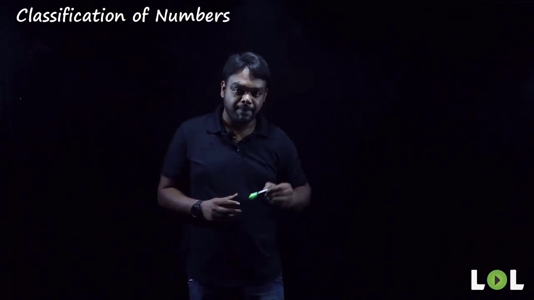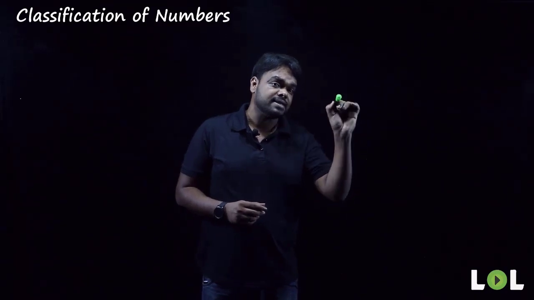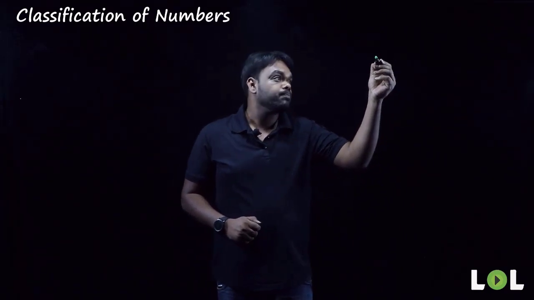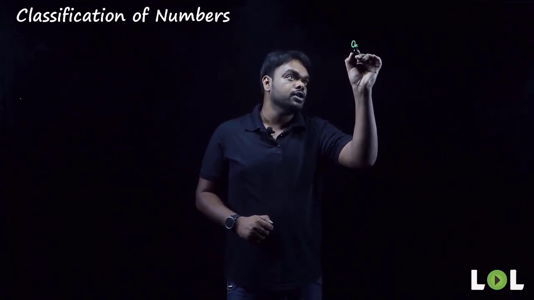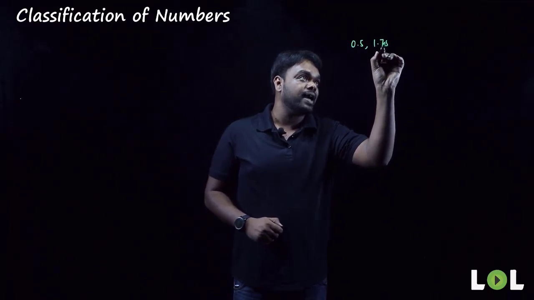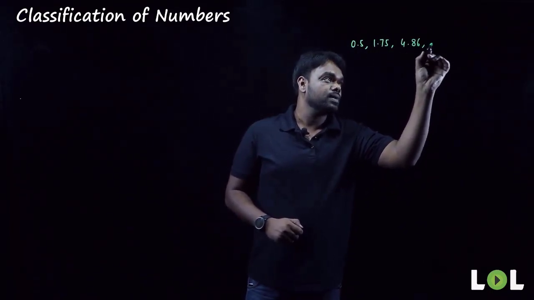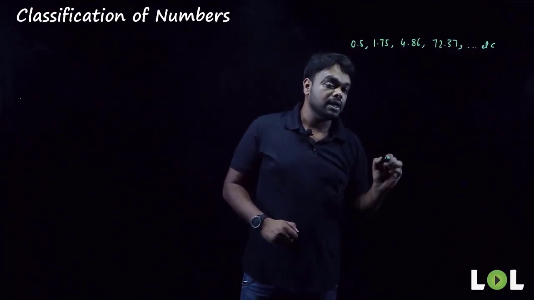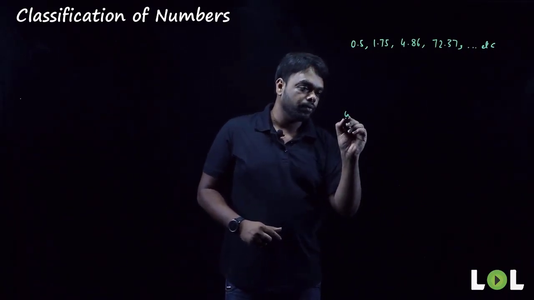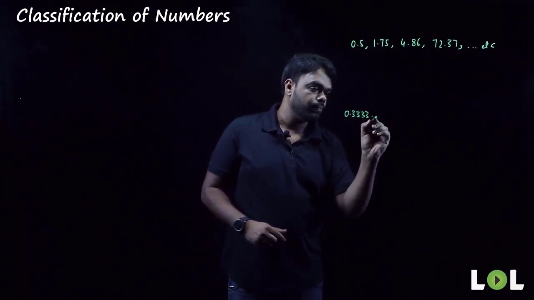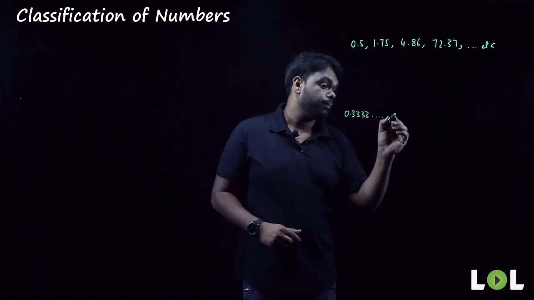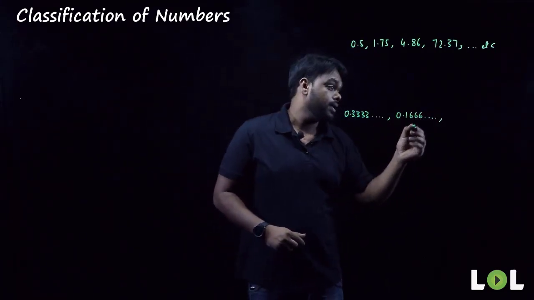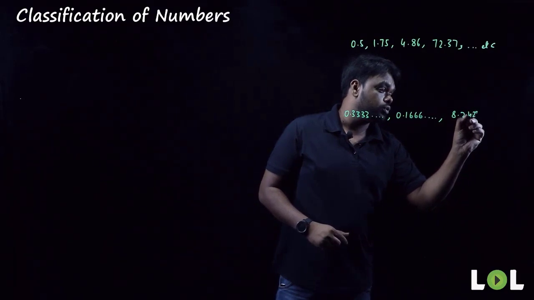First I'll give you examples, let us look at the characteristics and then decide what kind of decimals they are. The first set of examples goes like this: 0.5, 1.75, 4.86, 72.37, etc. The second set will be something like this. We can have 0.3333, again we can have 0.16666, again 8.2424.